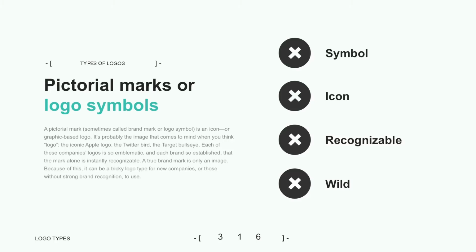Now, the biggest thing to consider when deciding to go with a pictorial mark is what image to choose. This is something that will stick with your company for the entire existence of it. You need to think about the broader implications of the image you choose. Do you want to play on your name, like John Deere, or are you looking to create a deeper meaning, like how the Snapchat ghost tells us what the product does, right?